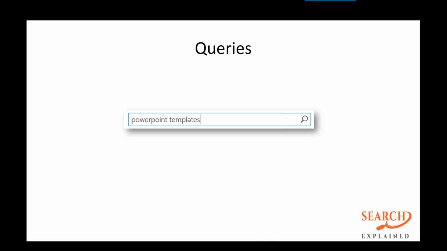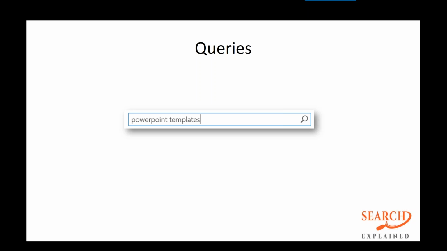First of all, let's talk about queries. Users have to know how to do queries, and we have to educate them. People tend to think that they know how to use search, but as soon as we make them sit in front of SharePoint search or Google or Bing or whatever, in many cases they are in big trouble.